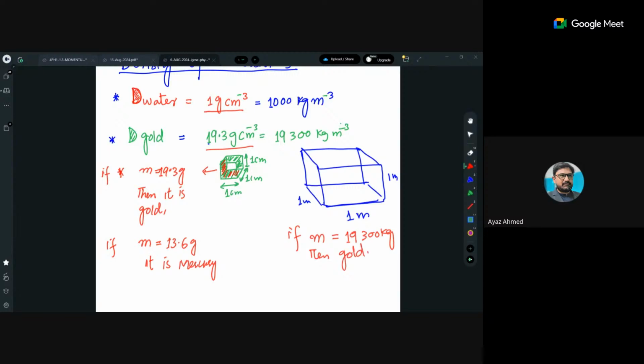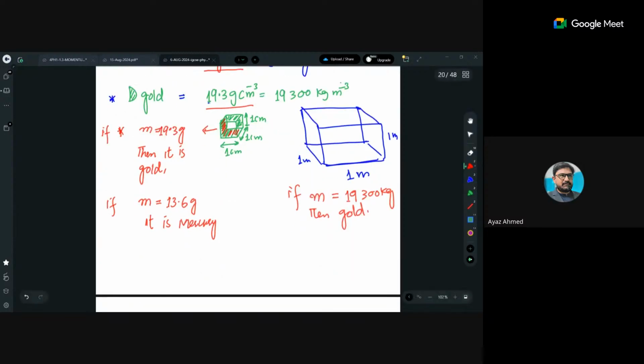If it is less, it is not pure gold. If it is more, it is something different. And if the mass of this block is equal to 13,600 kg, then it is a block of mercury, Hg. Is this clear to you? So density tells us how heavy the object is for a specific amount of volume. Okay, is this clear?